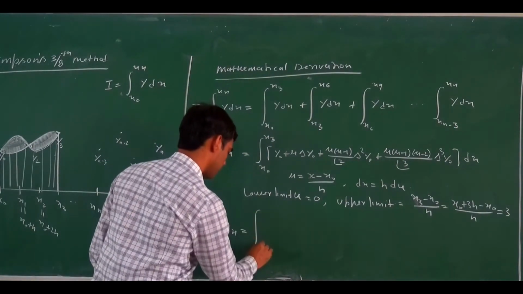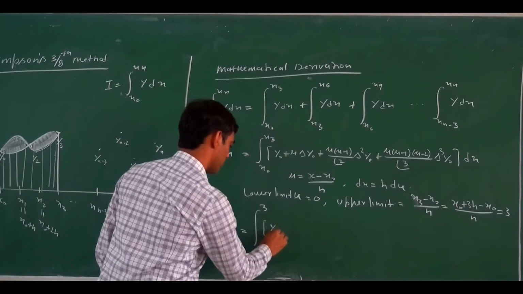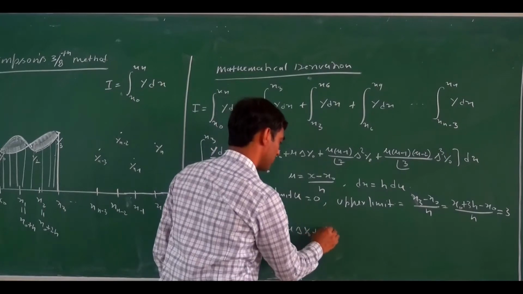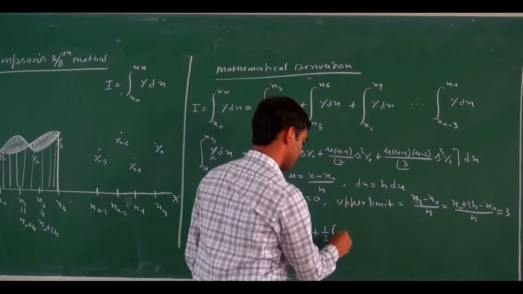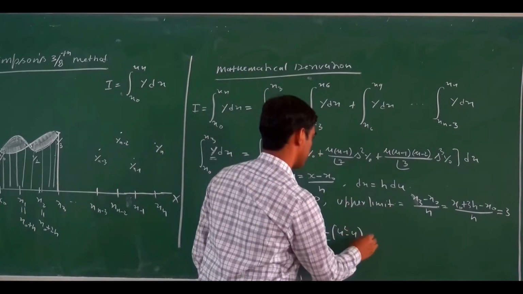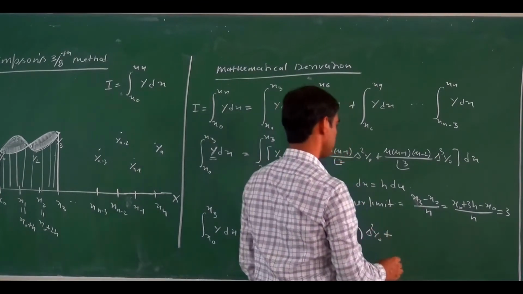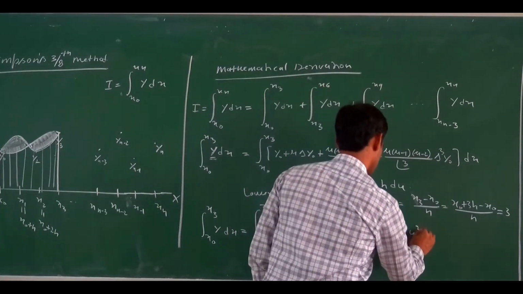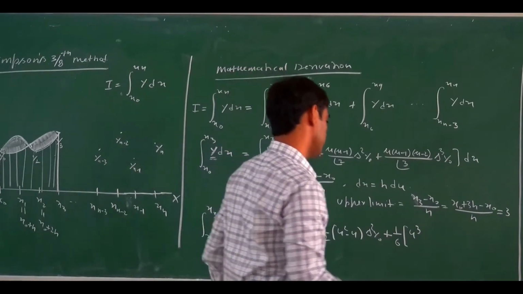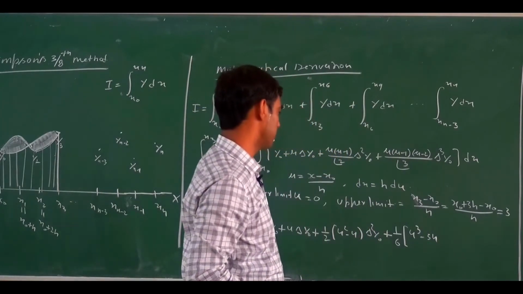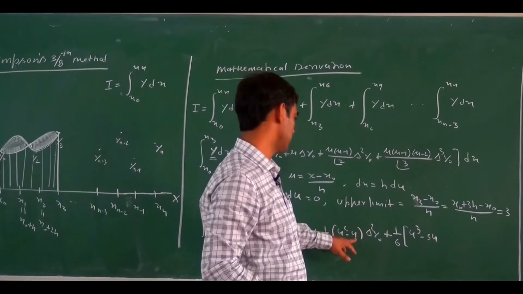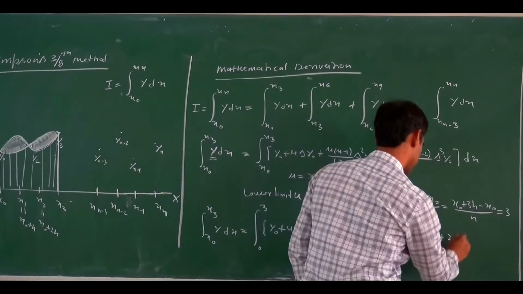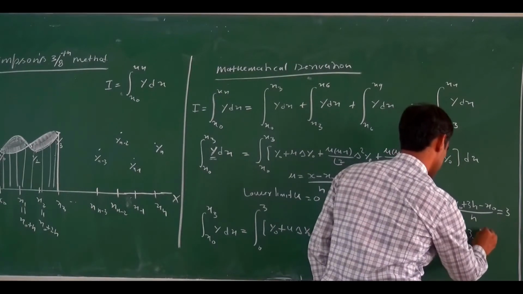If we integrate from 0 to 3: y0 plus u Δy0 plus, in simplified form, (u² minus u) Δ²y0 plus, with 3 factorial meaning 1 by 6 inside, (u³ minus 3u² plus 2u) Δ³y0, all multiplied by h du, because it is multiplied by u minus 2 and the terms combine.